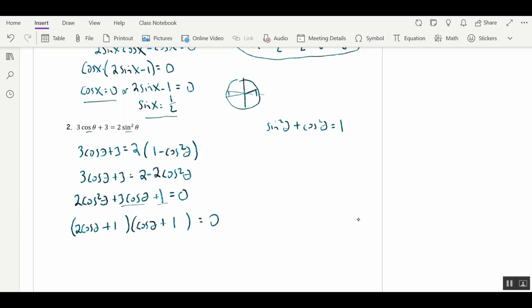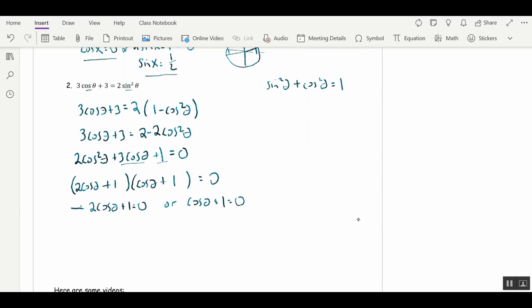And so from here, I can say, okay, 2 cos theta plus 1 is 0, or cos theta plus 1 is 0. Now, you can skip this step. I like to jump, right from here, in my head, to cos theta is -1/2, or cos theta is -1. So this middle step, you can include or not include, depending on whether it helps you or not.